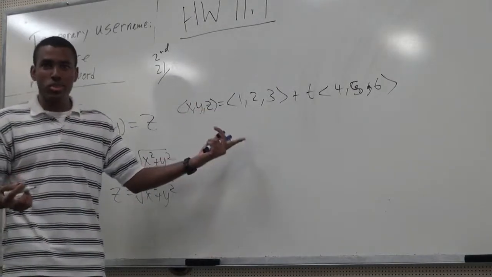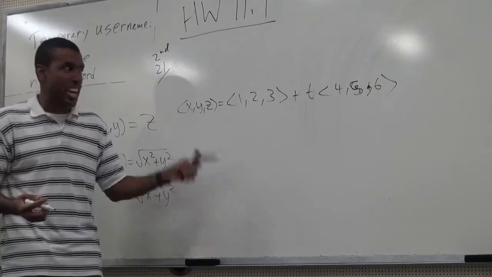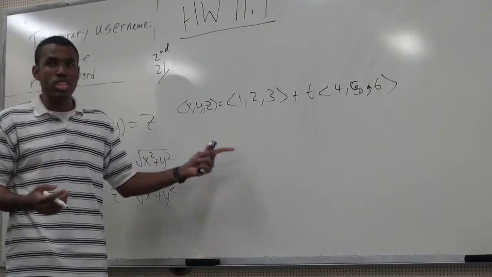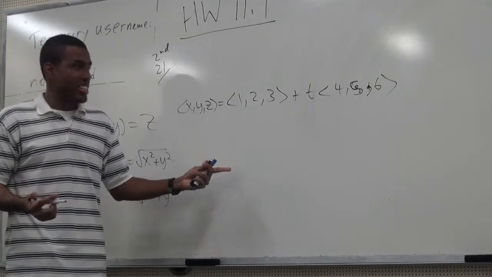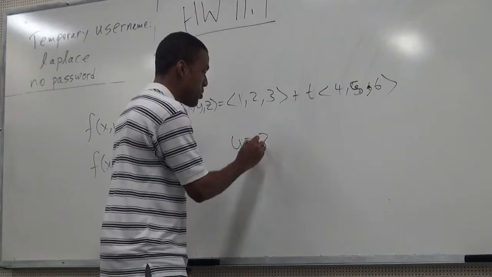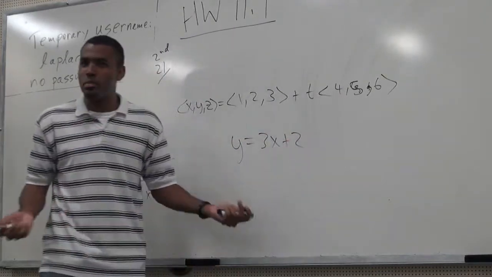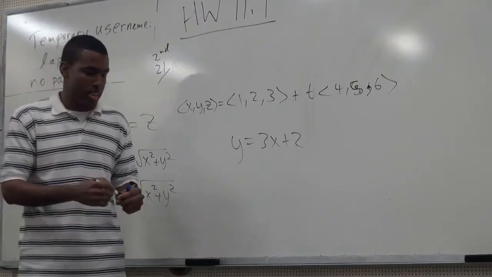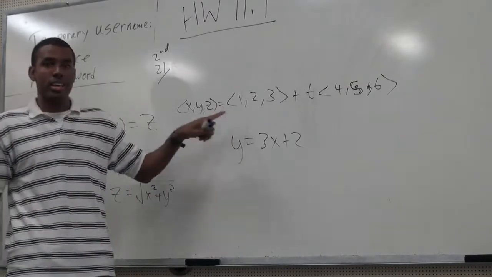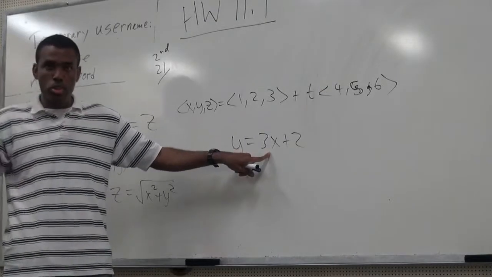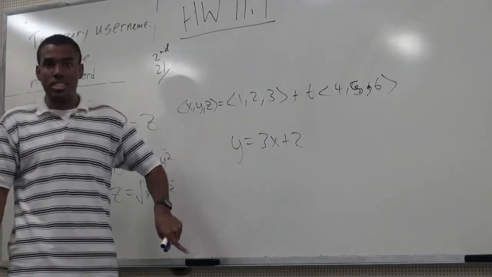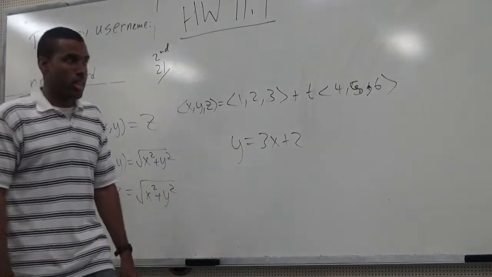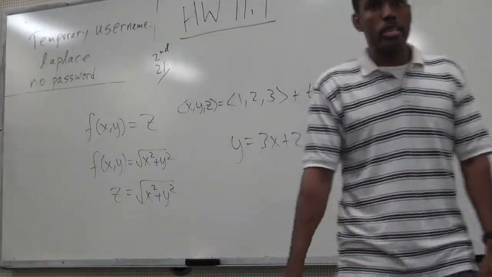You should know it's a line when you look at it. If you write that down, it means you really have no idea what's going on. It's just like me saying 3x plus 2 and you're telling me that's a problem. No, it's not. You should be able to look at it and know what it is. This is a cone. That's a line. This is also a line, but in 2D. In 3 dimensions, what is this? It's a plane. Okay.